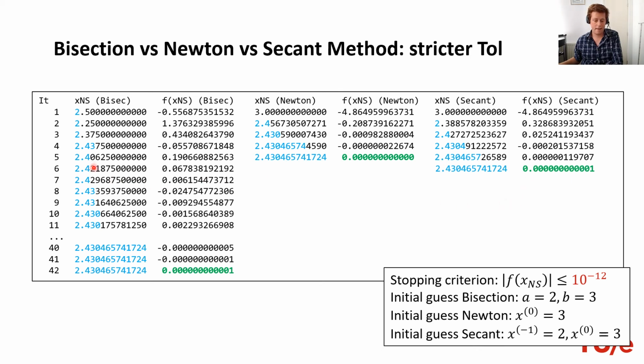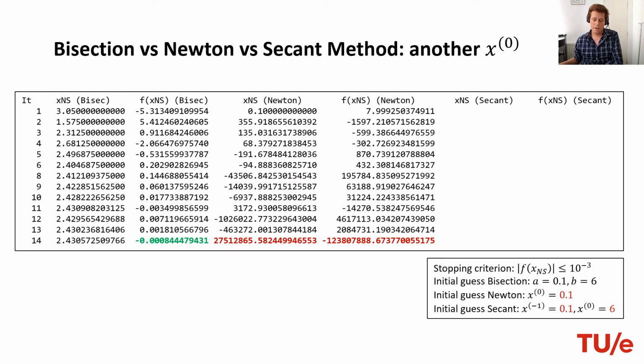And looking at the number of correct digits, we see that we don't double in every iteration as we do for quadratic convergence with Newton, but it's still very, very fast. So this is superlinear convergence, and this is also a case where the secant method performs very well.